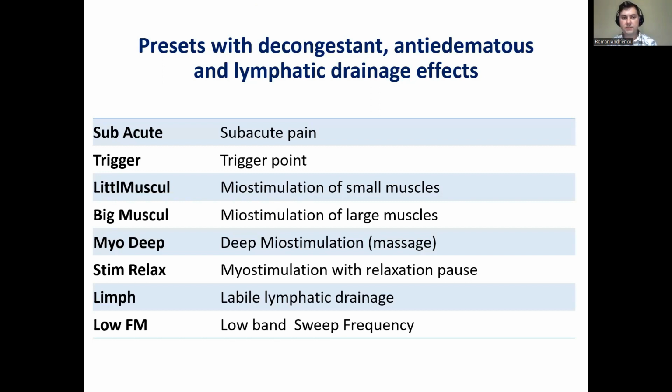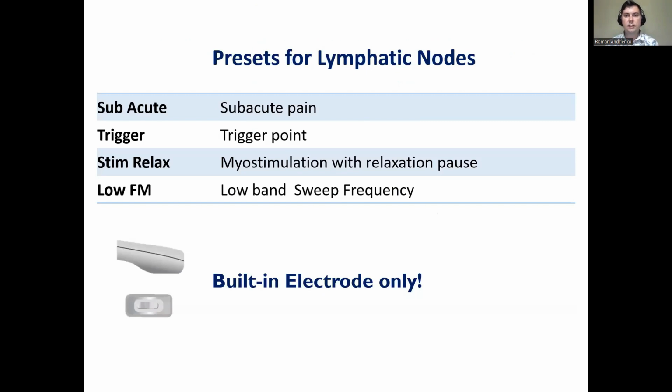Speaking of traumas, these presets have the best decongestion, antiedematous, and lymphatic drainage effects. And these presets are aimed at the treatment of lymphatic nodes. So subacute, trigger, steam relax, and low FM.